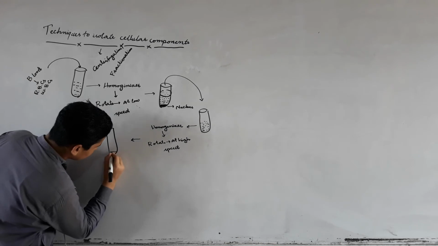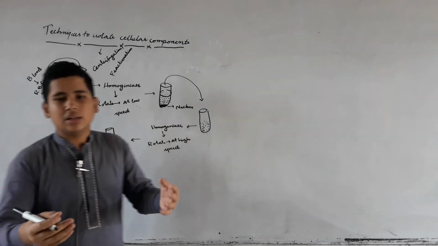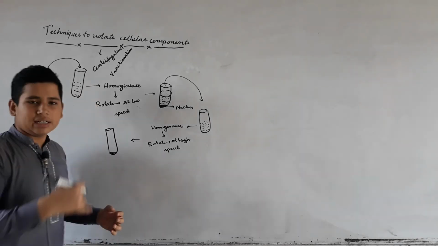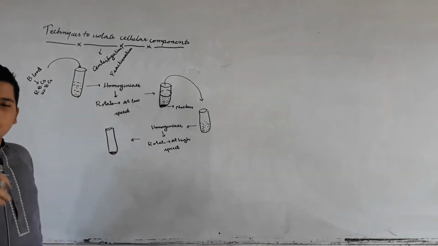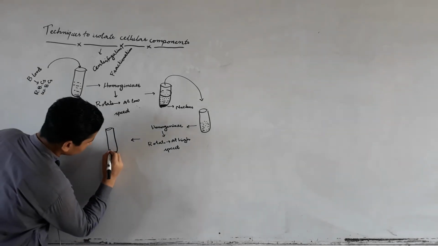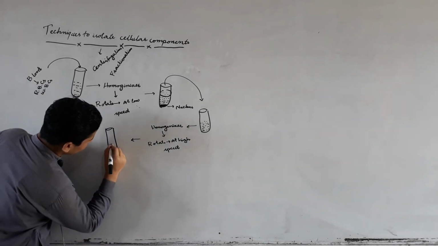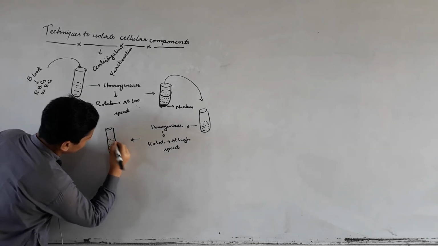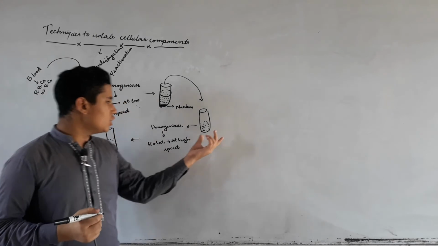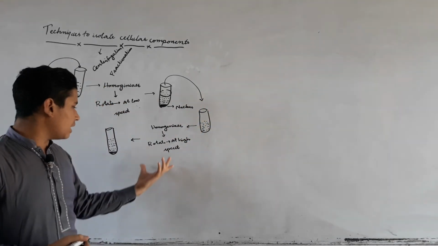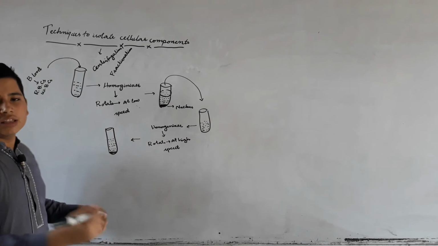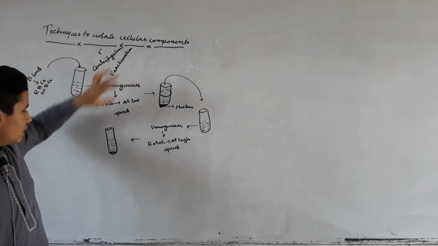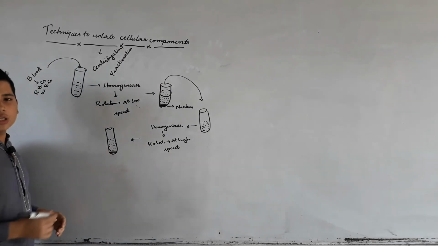Among the lightest particles, some are heavier, some are lighter, and some are lightest. You can see that when we centrifuge the lightest particles at high speed, they are again distributed into fractions.